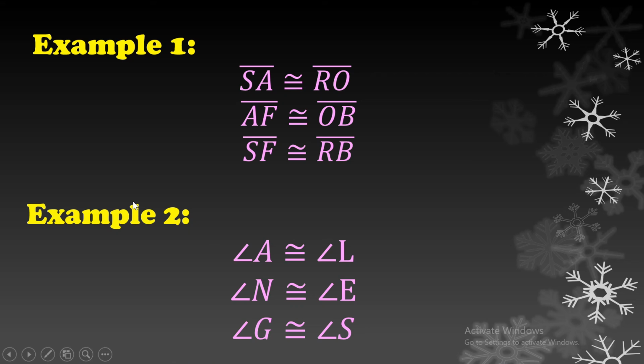Given the three corresponding parts, can we prove that the two triangles are congruent based on the SSS congruence postulate? Very good. Obviously, we cannot because the three given corresponding parts are the angles and not the sides.